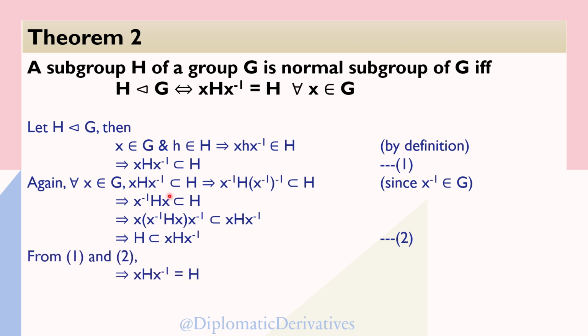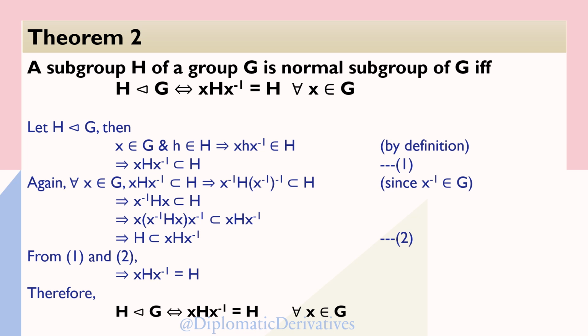So from statement 1 and statement 2, you get X H X inverse equals H. It's clear, right? This means that if H is a normal subgroup of G, we get X H X inverse equal to H. This is what we have to prove. Therefore, if H is a normal subgroup of G, then X H X inverse is equal to H.